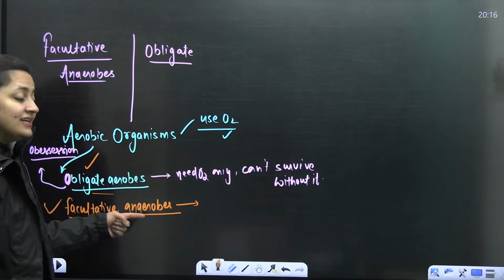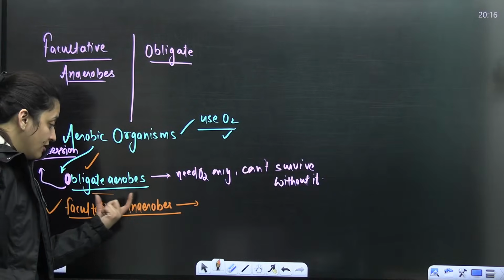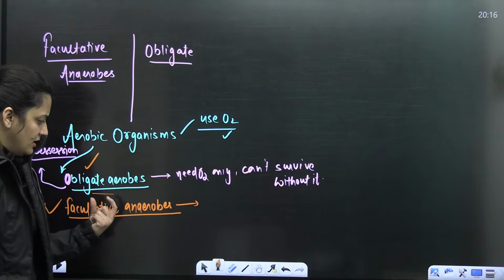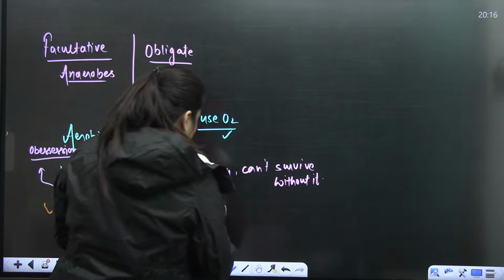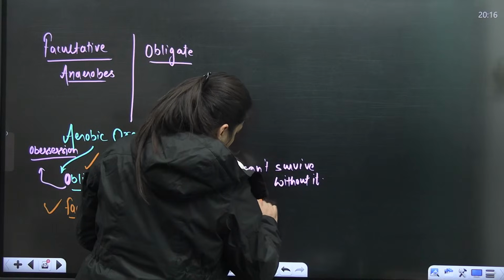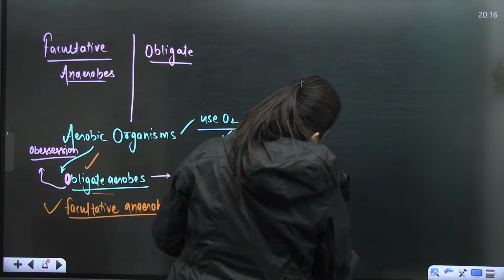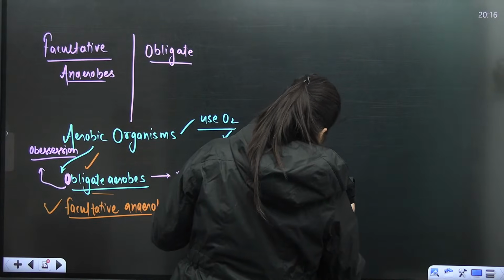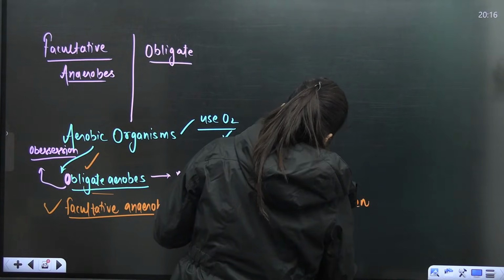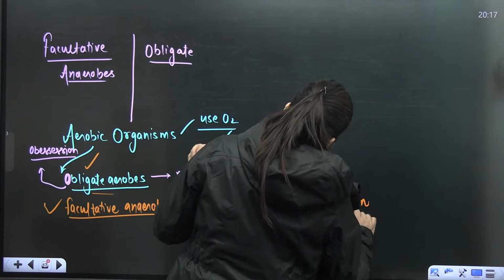Then facultative anaerobes, you might be thinking that, ma'am, you are mentioning it incorrectly. No, facultative means fluctuate. Facultative anaerobes are aerobic organisms that can even survive, not for a longer period, without oxygen for some time.